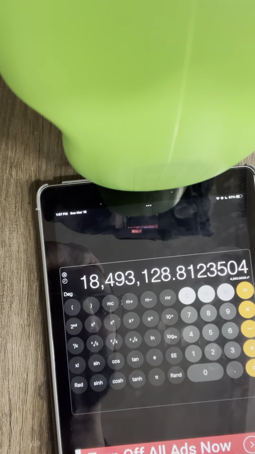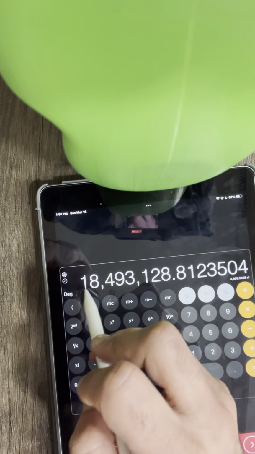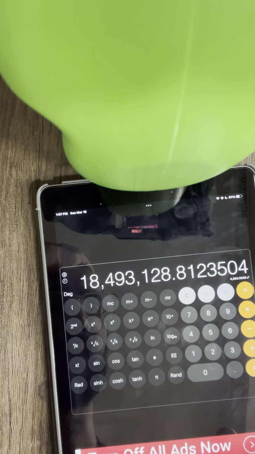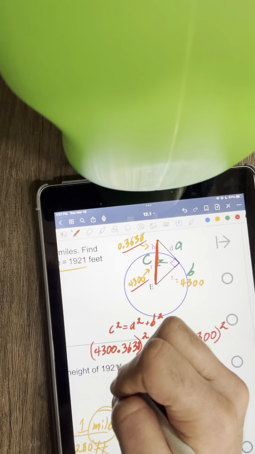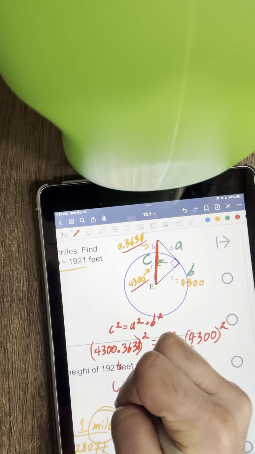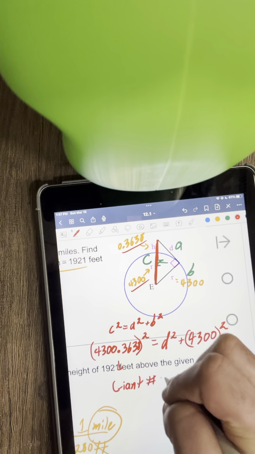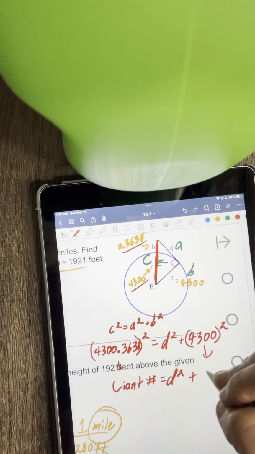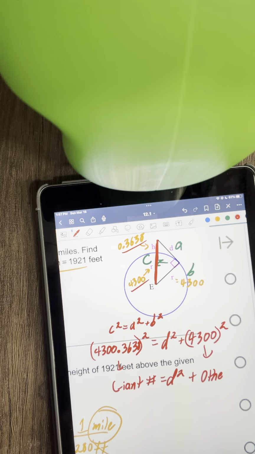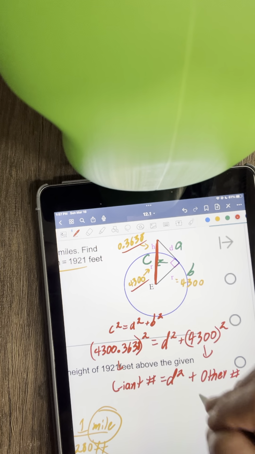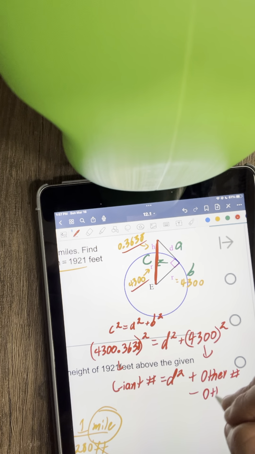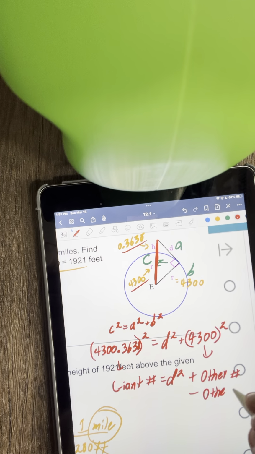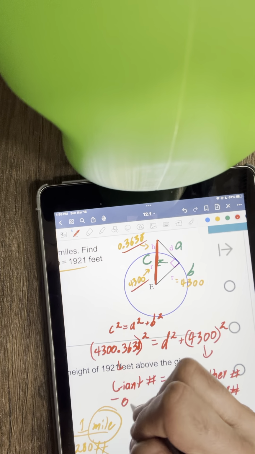So that giant number, I'm not going to write all this down. So we're going to take this giant number. Let's put giant number equals d squared plus other giant number, right? Other number. And now we're going to subtract this other number from this giant number.